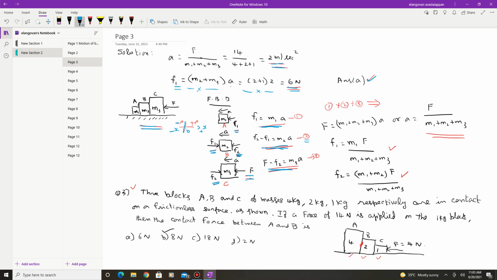Therefore F minus F2 is equal to m3A. This is equation 3.